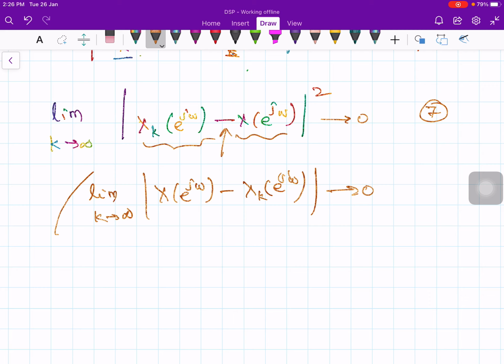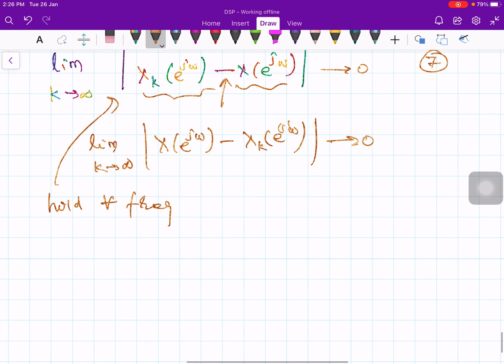Now if this equation holds for all frequencies, even then the DTFT may not exist. So we have to integrate from minus pi to plus pi, which is our range of vision.